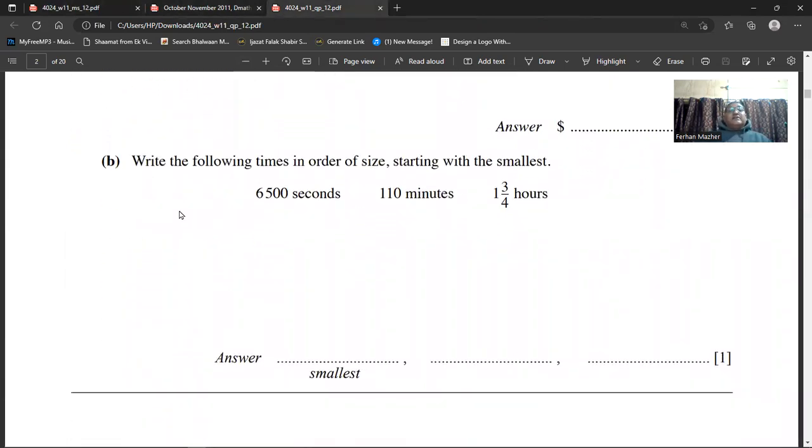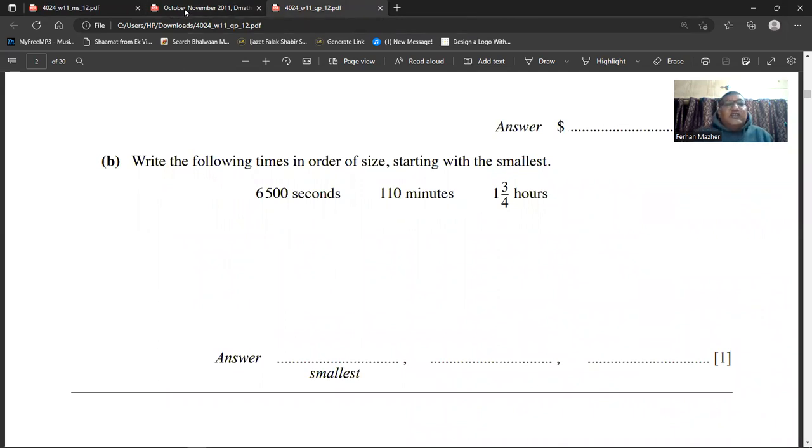Question number 2, it's B part. Write the following terms in order of size starting from the smallest. You can compare these three and decide which one is the smallest. But to compare them, it's important that they should all be in the same unit. So for this purpose, either convert all of them into minutes or all of them into seconds.